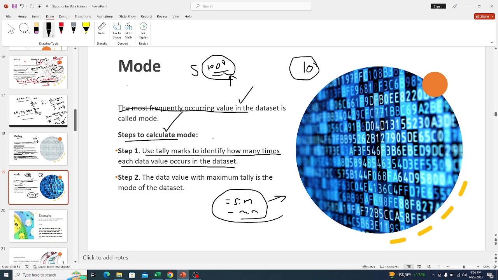So the data value with maximum tally is the mode of the data set. We shouldn't have any issue when it comes to the mode. We shall understand more about it when we do our practicals.